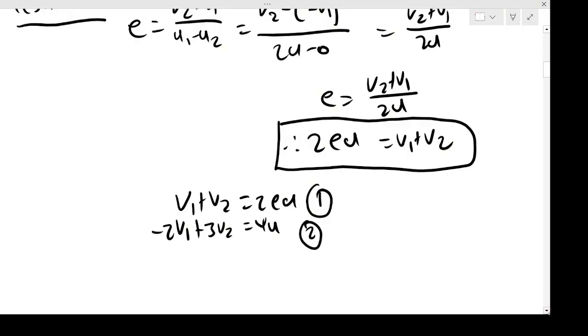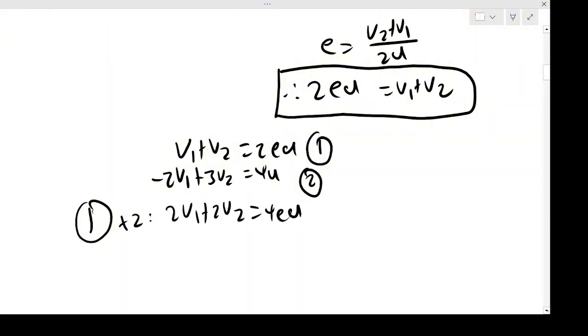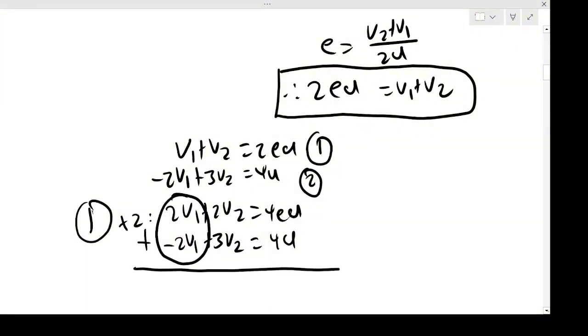Do not be scared by the algebra. So the idea is I want to eliminate either V1 or V2. So what I can do is double the first equation. So I'm going to get 2V1 and 2V2 is 4EU. And then if I rewrite the second equation down here, hopefully you can spot how I can get rid of V1. I can add the equations together, because then it will cancel the V1s.